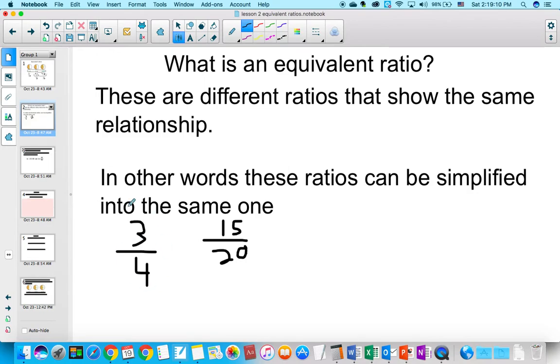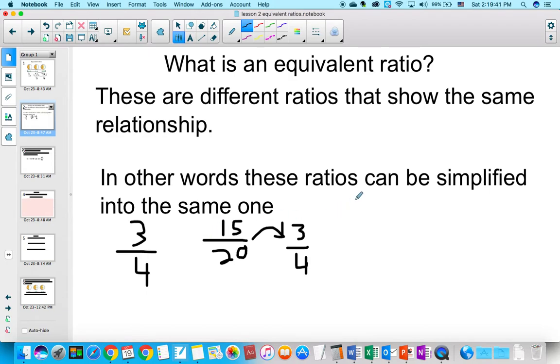Well, can I simplify 3 over 4? No, because 3 is a prime number. Can I simplify 15 over 20? Yes, I can. They're both divisible by 5, so I can divide this by 5, which would give me 3. And I can divide this by 5, which would give me 4, right? I can simplify this fraction into this one. And as you can see, they're both the same fraction. So 3 over 4 and 15 over 20 are equivalent fractions.